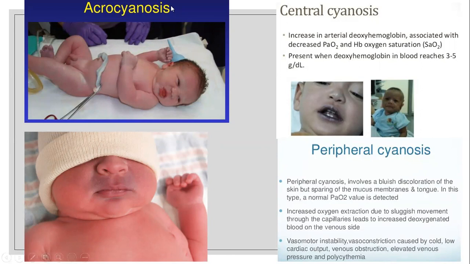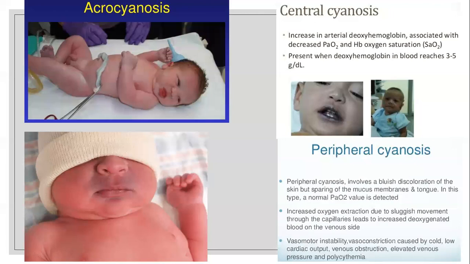But acrocyanosis, sometimes a blue discoloration of the tip of the feet or tip of the hand, is normal. So acrocyanosis is a painless condition where the small blood vessels of the baby constrict, turning the color of the hands and feet bluish.